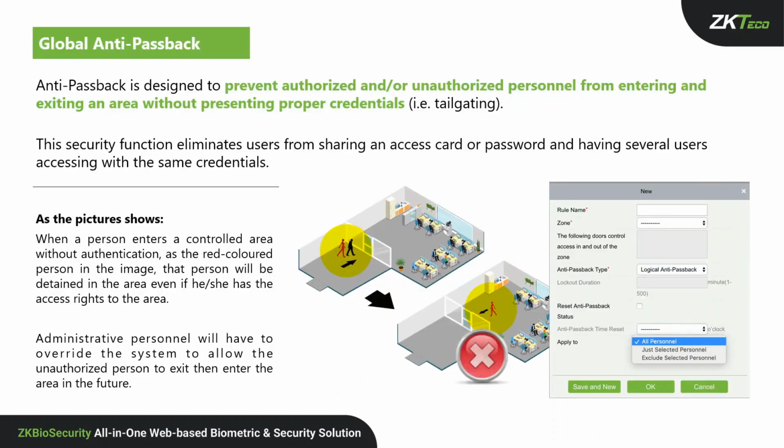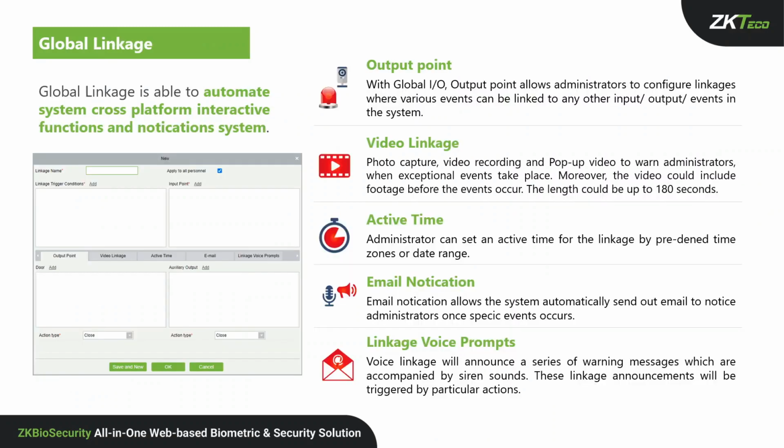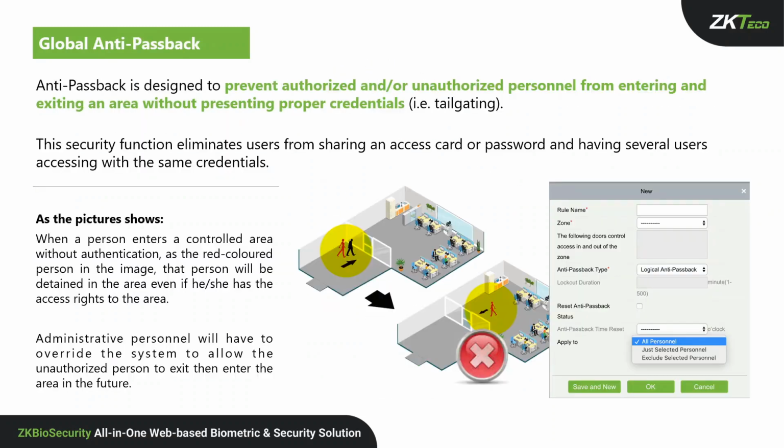Global anti-passback. The difference between global anti-passback and standard anti-passback is that standard anti-passback works only within that particular controller, but global anti-passback works across different controllers or multiple devices.